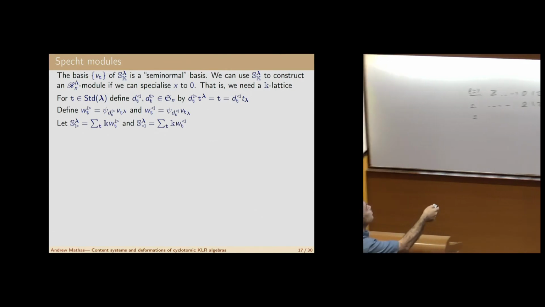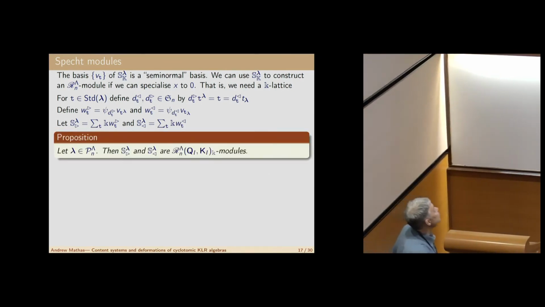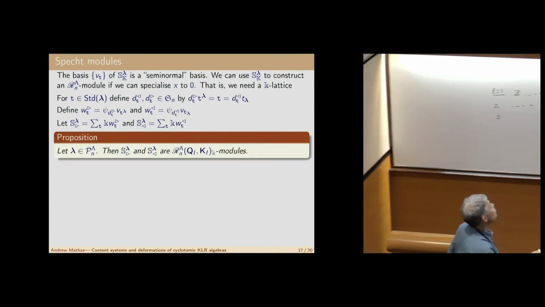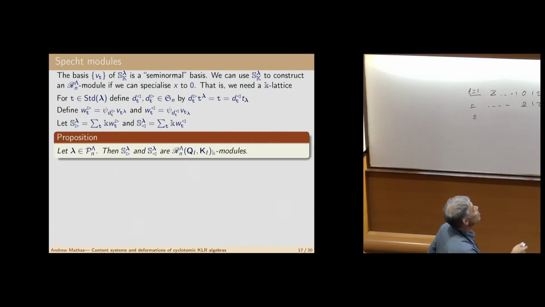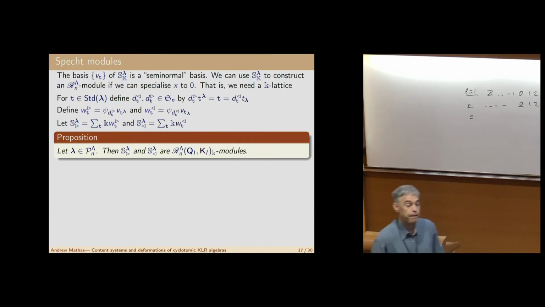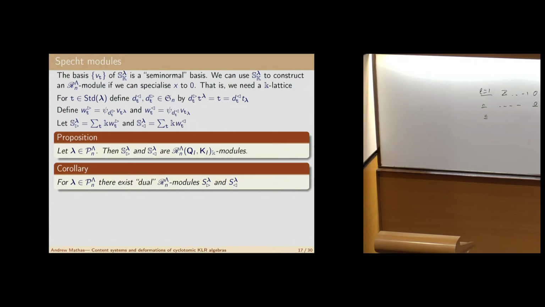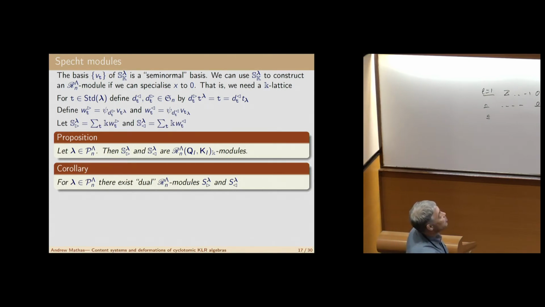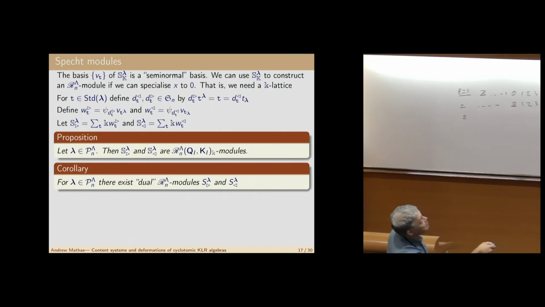So I simply plug together these things, and they give me honest modules, which are now modules for the KLR algebra defined over little k. I won't exactly go through how this works, but in my world, this is a Specht module and this is a dual Specht module. In the classical symmetric group world, I guess this is the Specht module, that's a dual module.